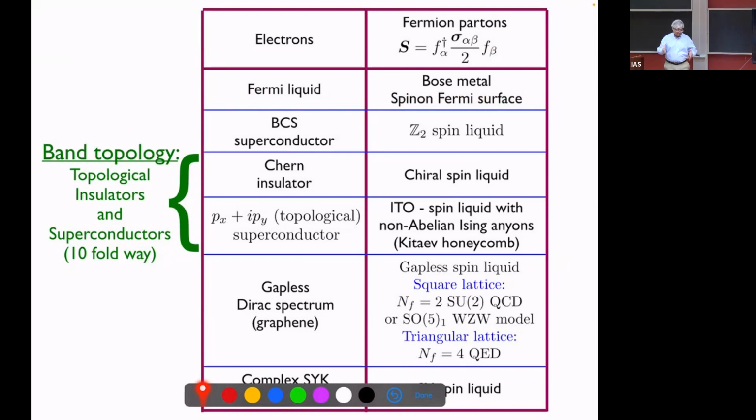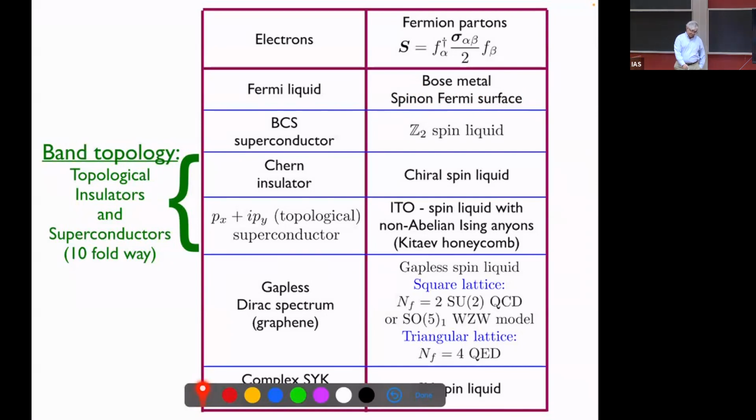It's a very complicated state of matter, which under certain conditions has now pretty reliably been shown to be stable. The experimental evidence of it is not convincing yet, but it's possible someday this kind of spinon Fermi surface will be seen in experiments. And I'll probably say something about this towards the end of the course. So we can call it a spinon Fermi surface or a Bose metal. This is another word that's used for it.